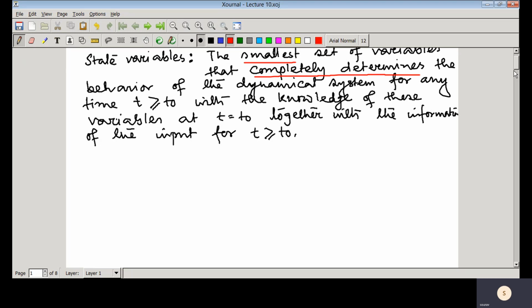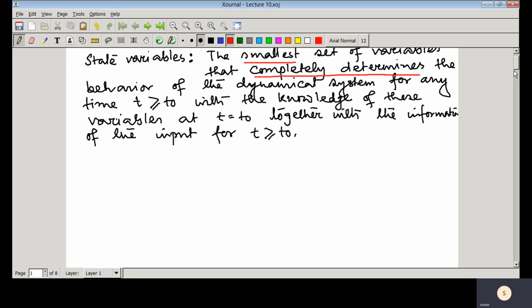Here, the number of state variables is the order of the system. Those things we will see via some numerical examples, and then we will better understand the important aspects of the state variable modeling technique.